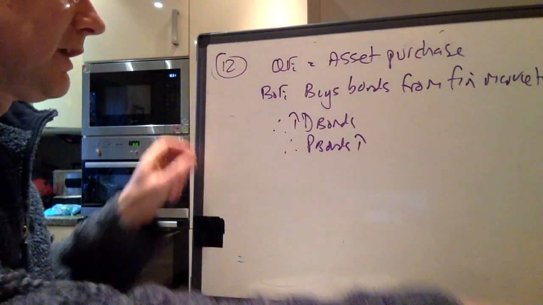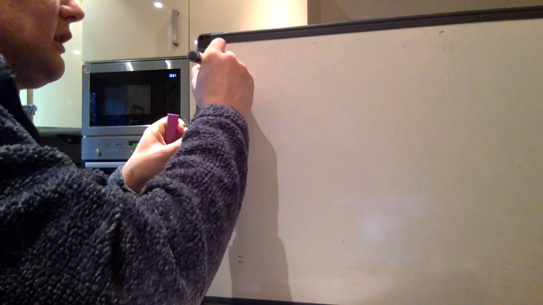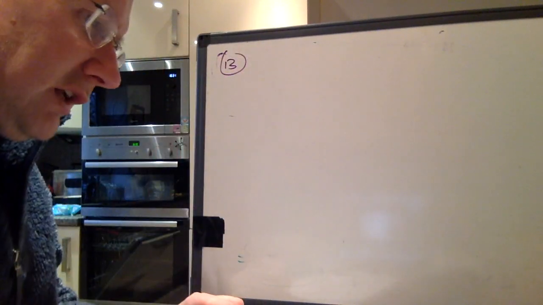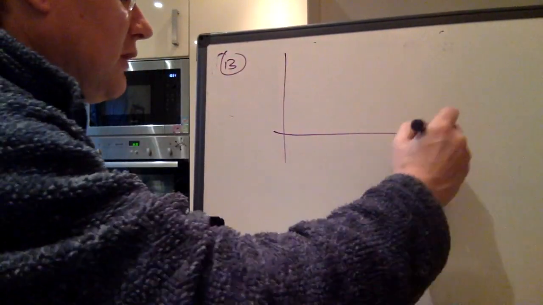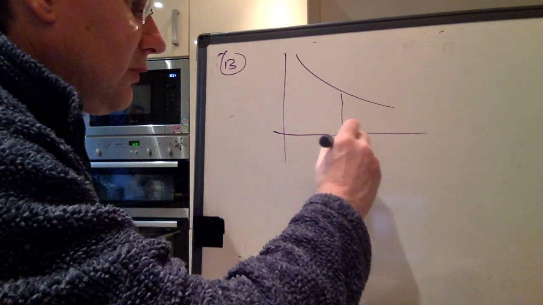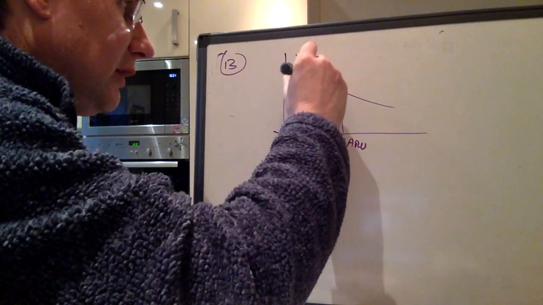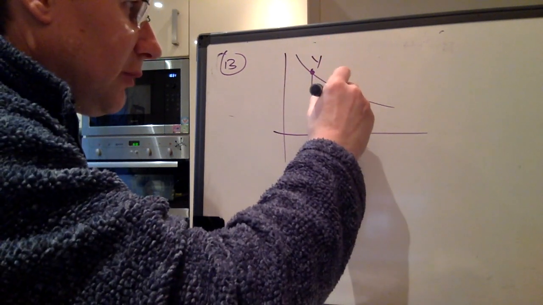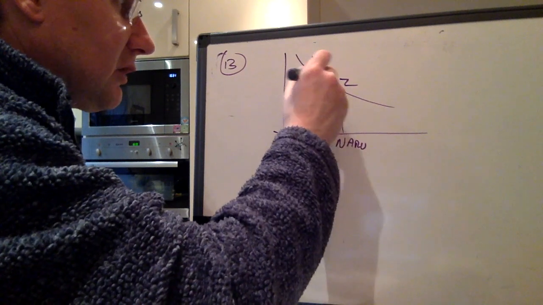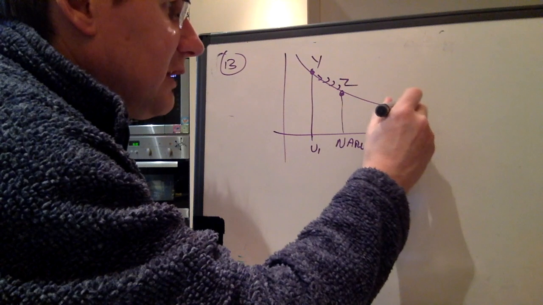And 13 is a Phillips curve question. It's quite a nasty one. You've got a variety of Phillips curves, but all that's really relevant is you've got the NERU there, a lower level of unemployment there, U1, a point Y and a point Z, and it's saying the economy returns to Z. Why is it?